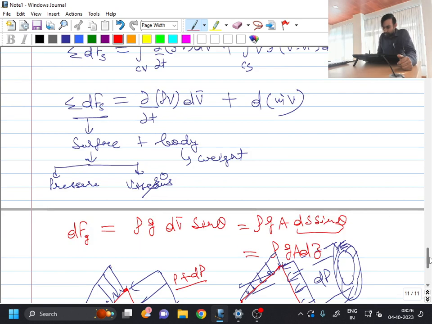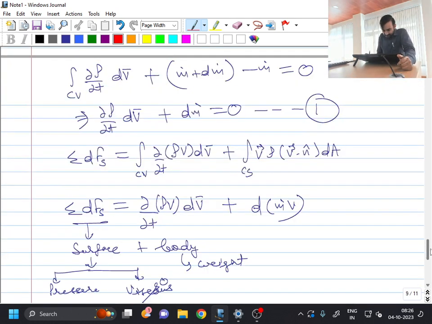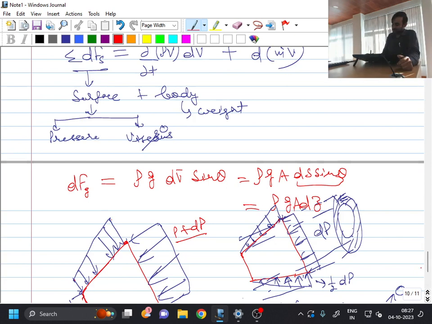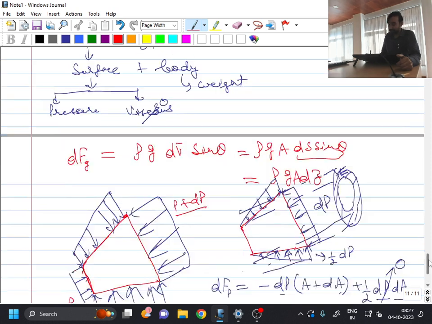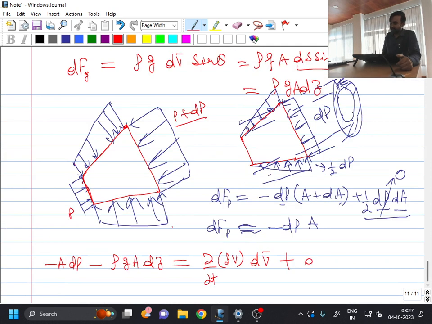That will be equal to del by del t of rho v into dV bar plus d of m dot v.